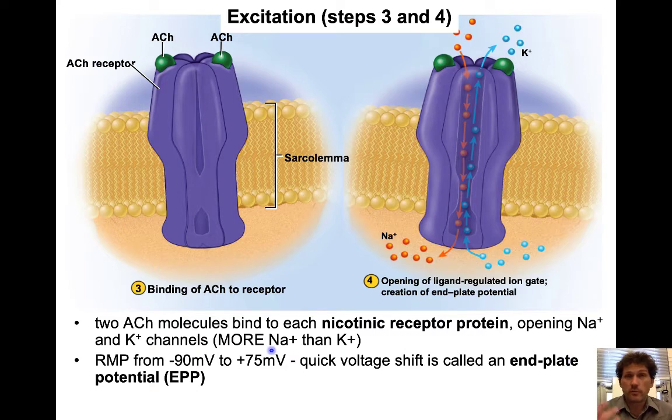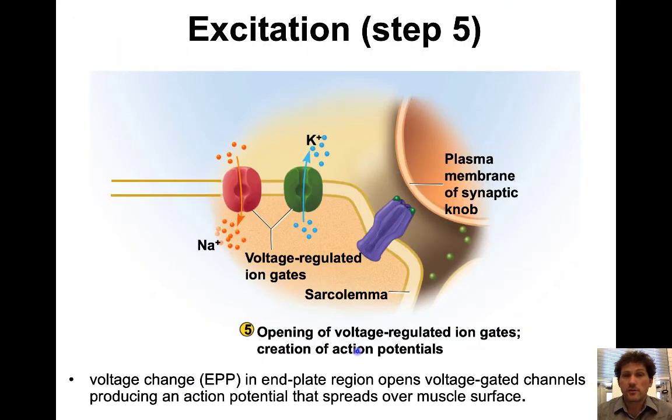So remember, we called that neuromuscular junction the motor end plate, and so here we can call it an end plate potential. Now, if we look here again is that plasma membrane of that knob. We've bound our acetylcholine here, and so that voltage change is going to open our potassium and our sodium channels.